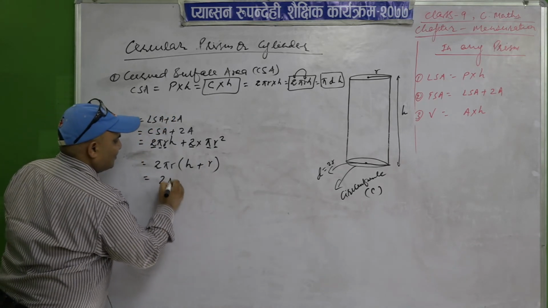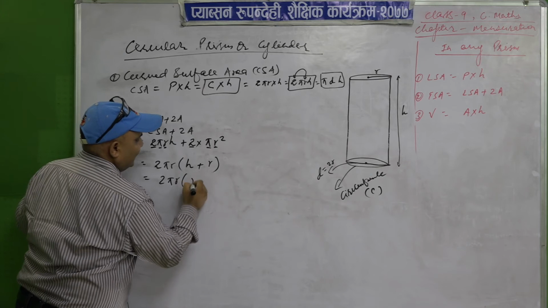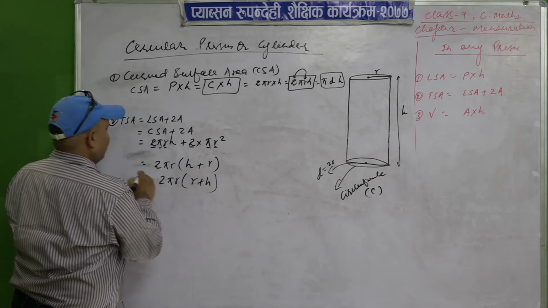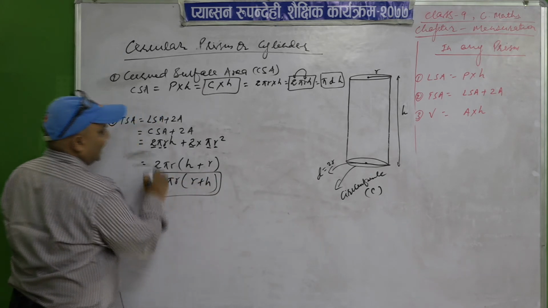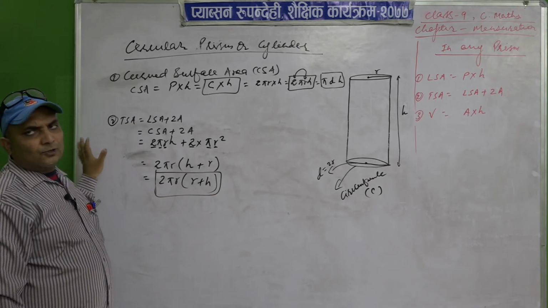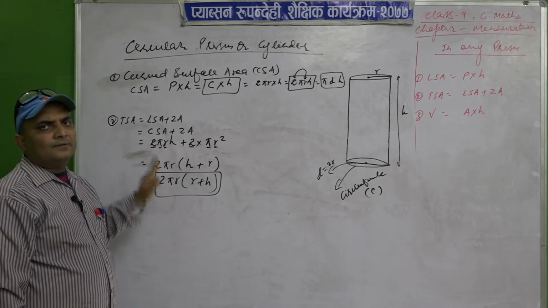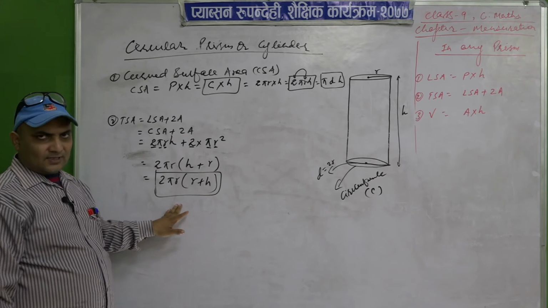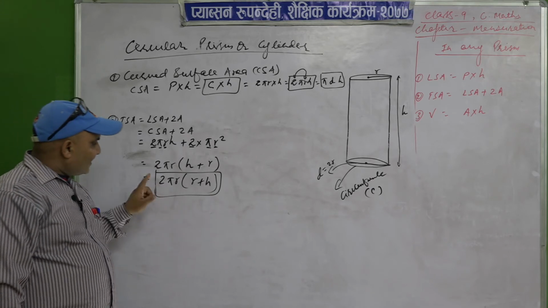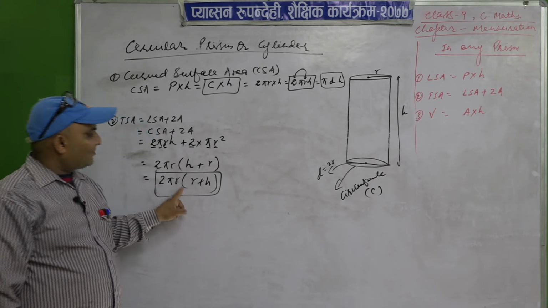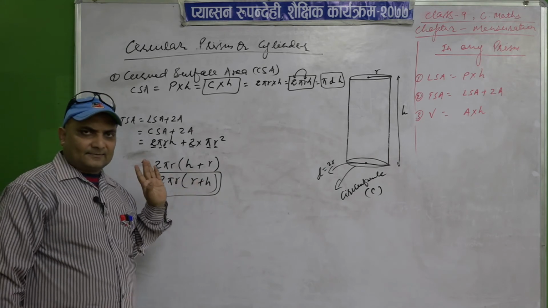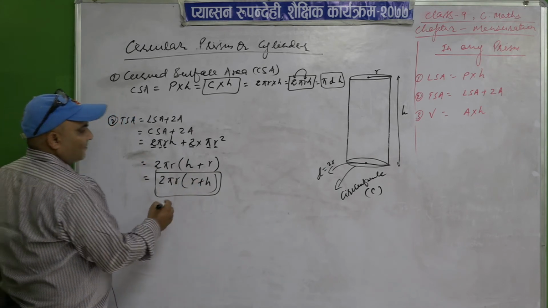So, 2 pi r and r plus h will be the direct formula for the total surface area of a cylinder or the circular prism. What is that? 2 pi r times r plus h. This will be one formula.